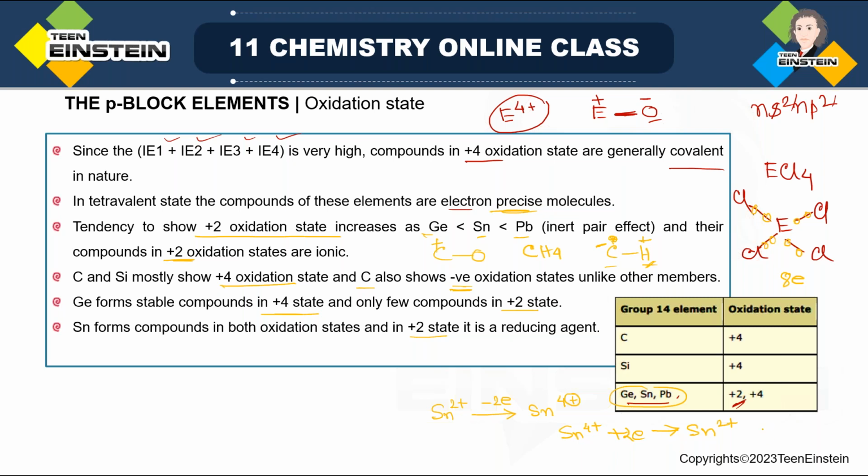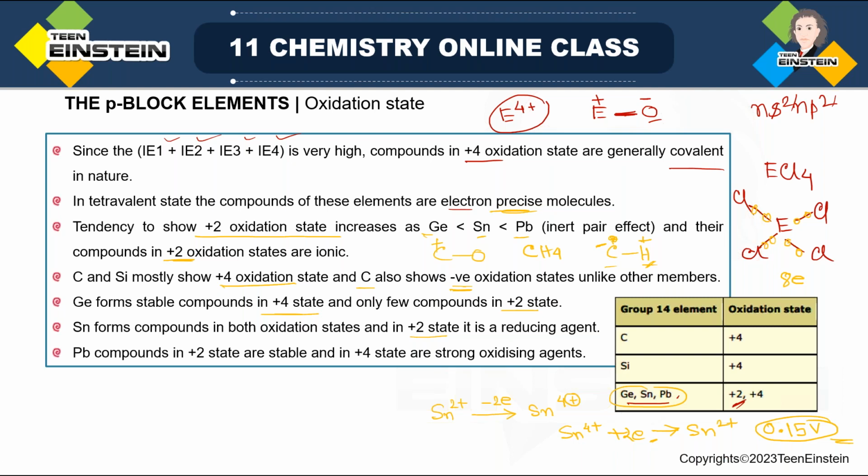For this system the reduction potential value is 0.15 volt. So this value is very low. That means the tendency of Sn4+ to take 2 electrons to be converted to Sn2+ is not very high, which is clear from this value.